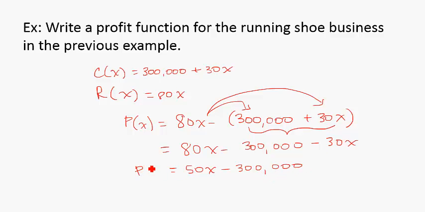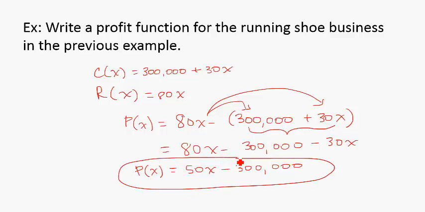And so my profit function is 50 times however many I make and sell, I guess I should say, minus 300,000, which makes sense because my revenue is 80, my cost per shoe is 30, so the amount that I'm going to actually make is only going to be 50 times what I bring in, but I still have to subtract out that fixed cost of 300,000.